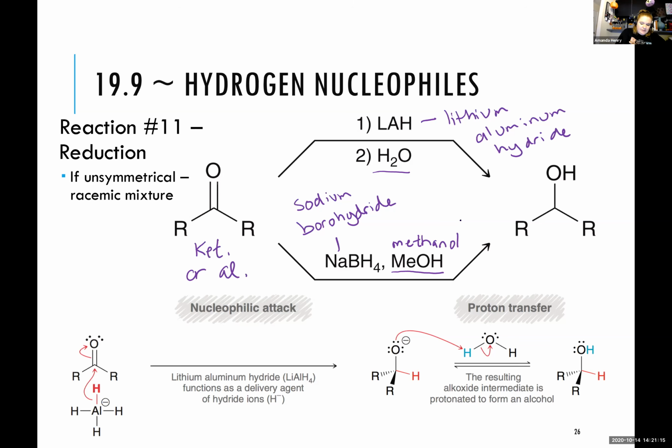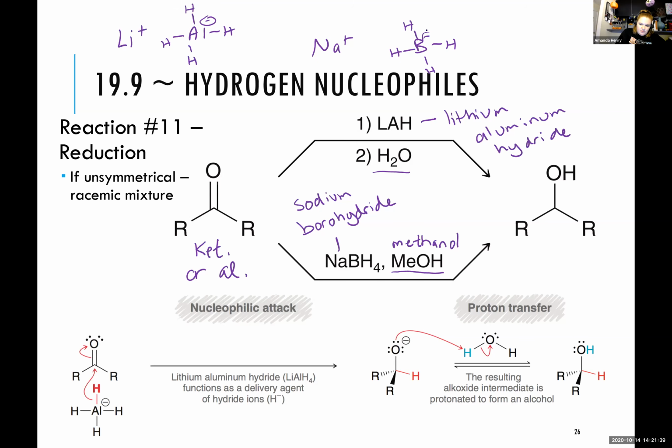So lithium aluminum hydride, we have a lithium cation. We have an aluminum bonded to 4 hydrogens. And then sodium borohydride, sodium cation, boron bonded to 4 hydrogens.